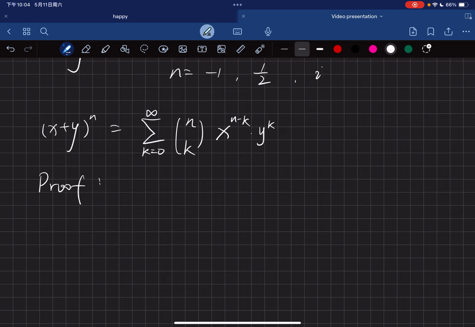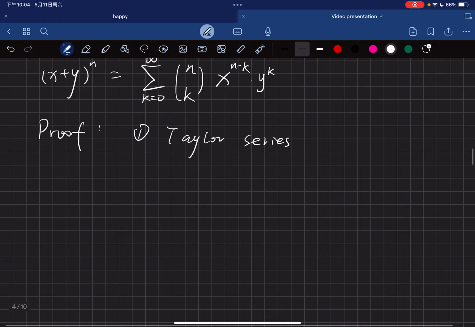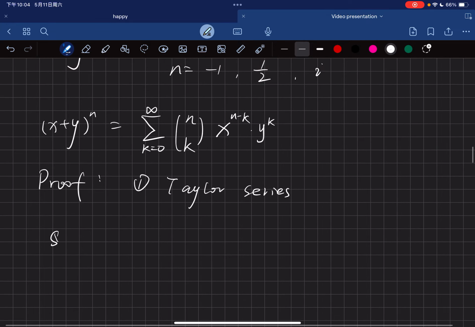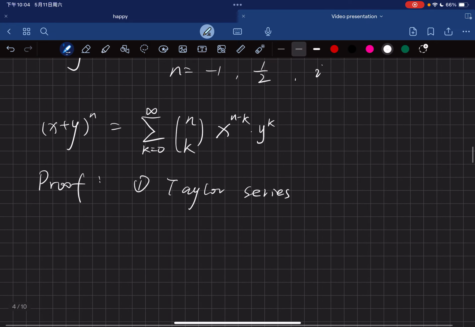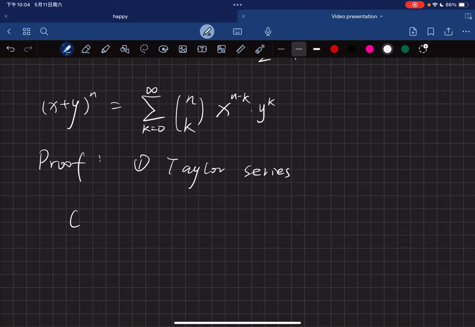For the proof process, first we should know the Taylor series. For the Taylor series, if there is 1 plus z to the power of n, it can be explicitly expressed by this equation.